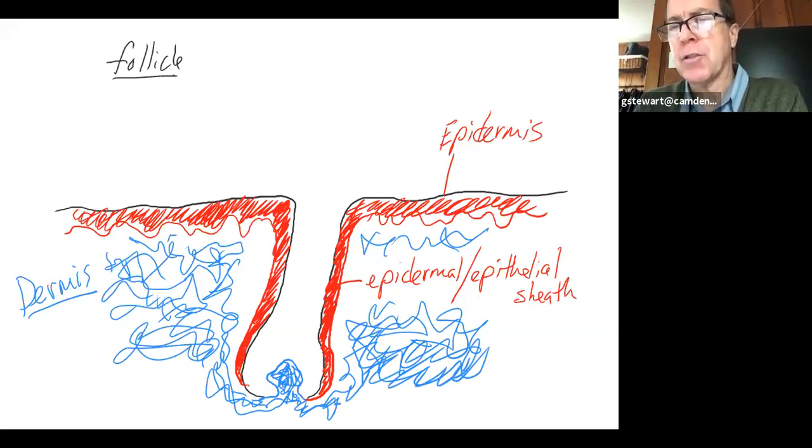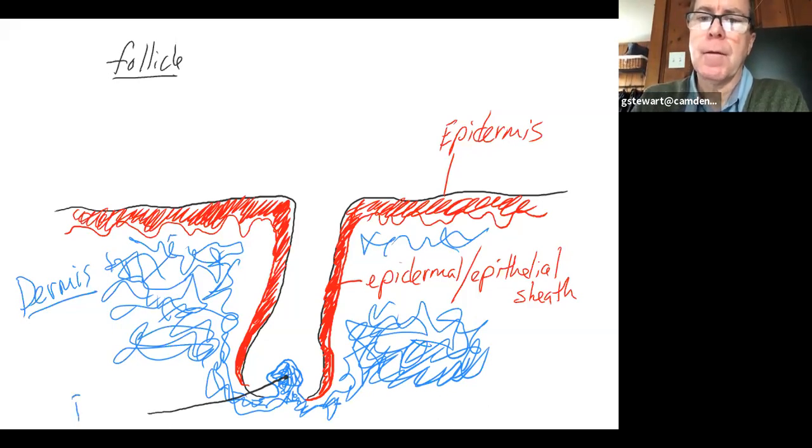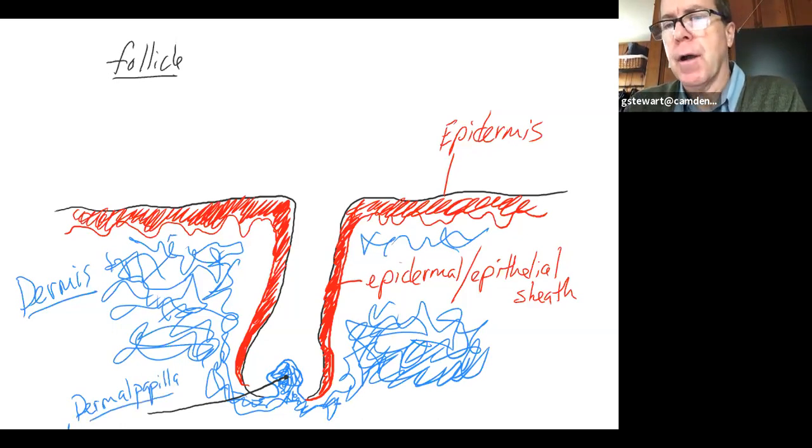I'm going to use black just so you can see it. So the dermal papilla is, I'm running out of space down here. It's just the portion of dermal tissue that sticks up into the base of the hair follicle.